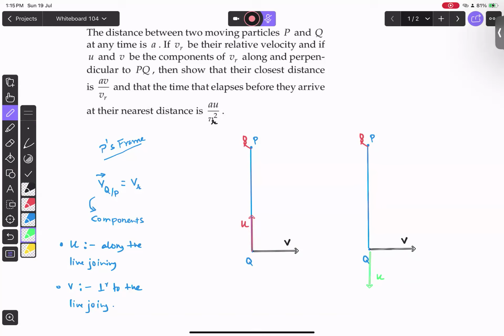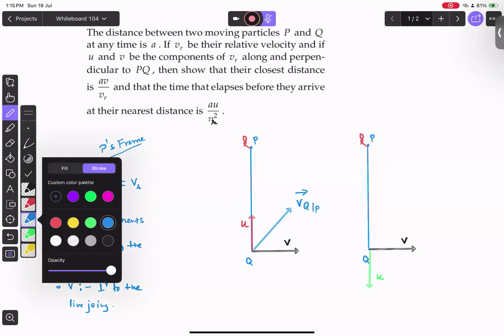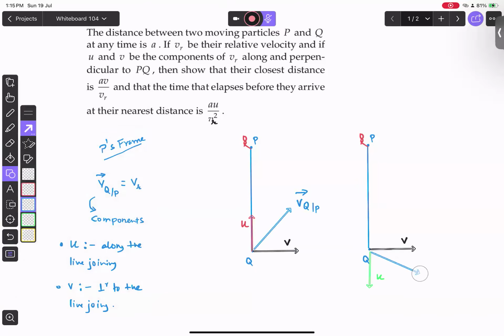Red one, sir. Yes, the red one, because u and v are components of this vector, the relative velocity of q with respect to p. So the velocity of q with respect to p will be in this direction. In the other case, the velocity of q with respect to p will be in this direction, correct?